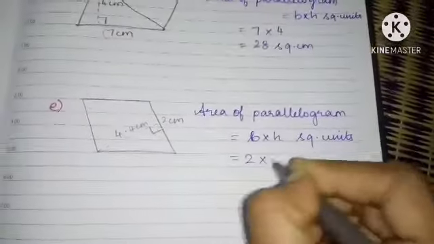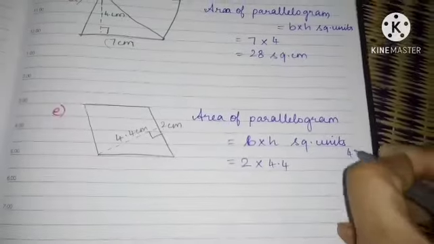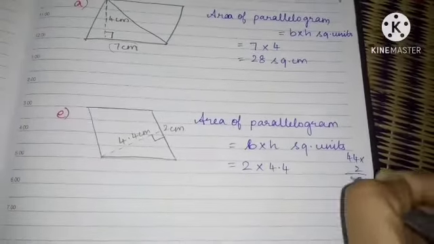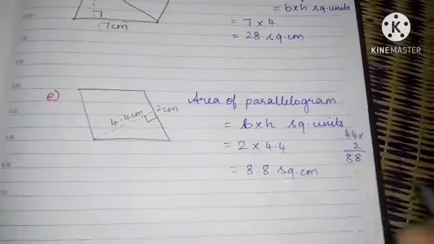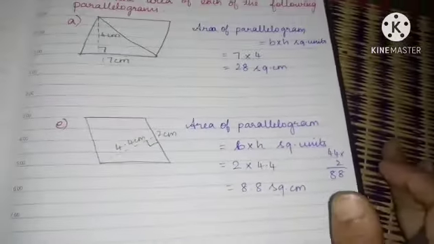When the diagram is like this, you should check like this. So base is 2, height is 4.4. So 44 into 2, 4 2s are 8, 4 2s are 8. So 8.8 square centimeter is the area of this parallelogram E.